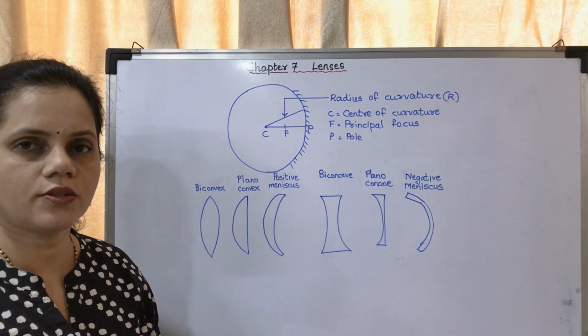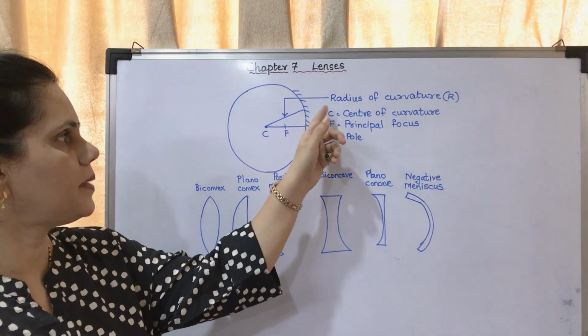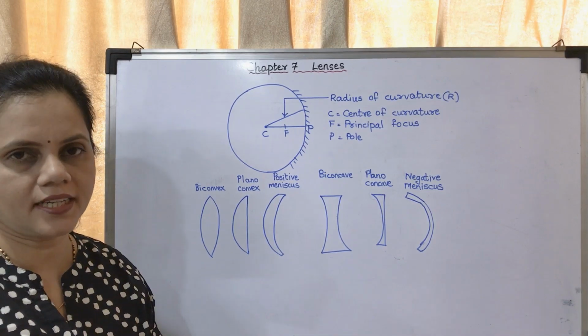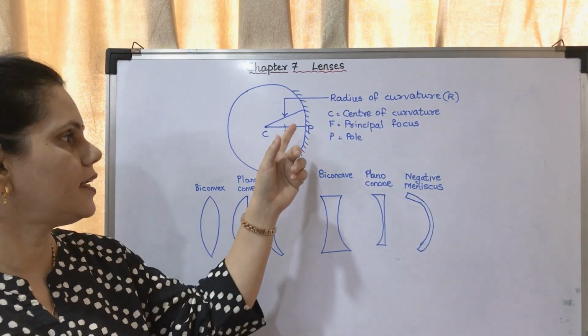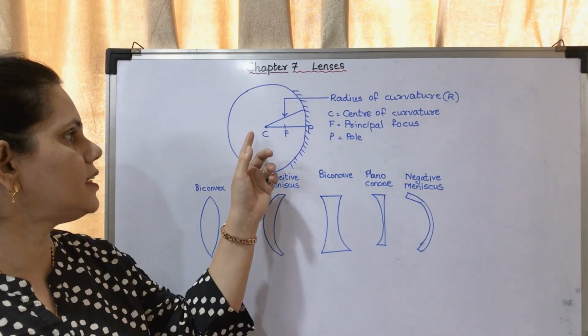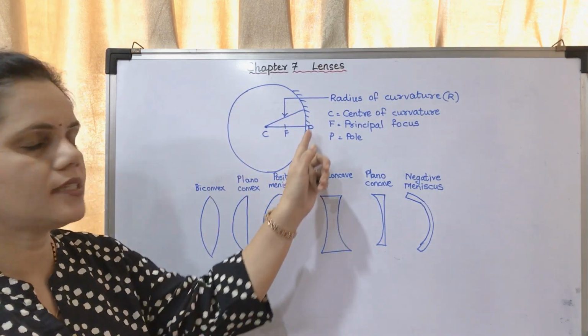One part is cut, and if the bulged side is painted, then the curved inner side becomes the reflecting surface, and it is said to be a concave mirror. Now this is a sphere.